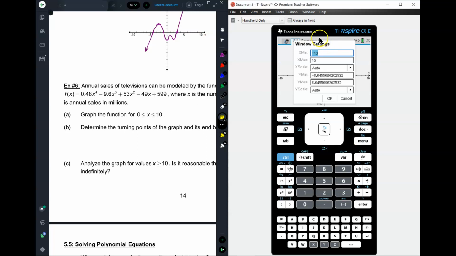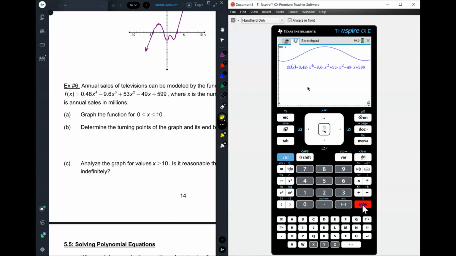The x min and max are going to go from 0 to 10, because that's what I'm told in the problem. So I hit tab until I go here. Then I'm going to go from 0 to 600. Why don't we go a little bit more? Let's go to 800. Let's see what we see here. Oh, that's not bad. I could even have gone a little bit more.